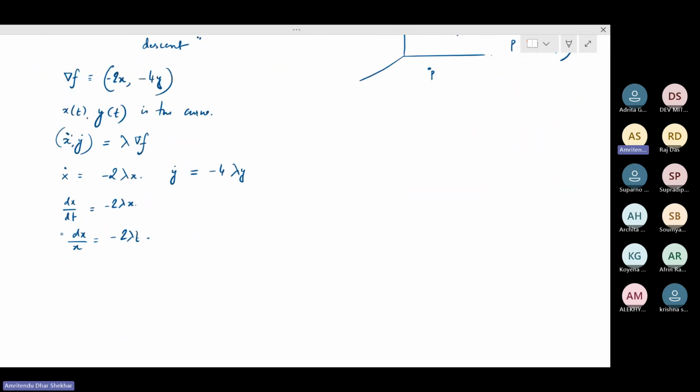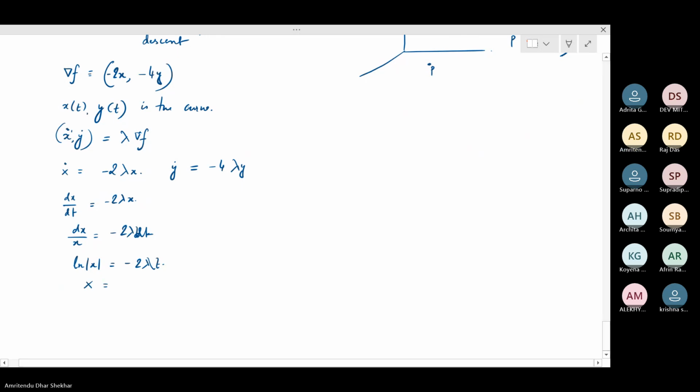If we integrate this, you get log of mod x is equal to minus 2 lambda t plus some constant c, which gives you x is equal to some constant c1 times e raised to the power minus 2 lambda t.